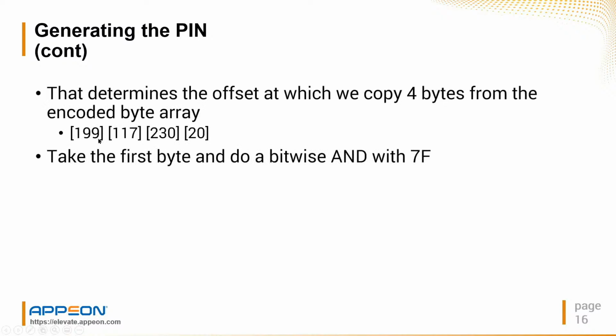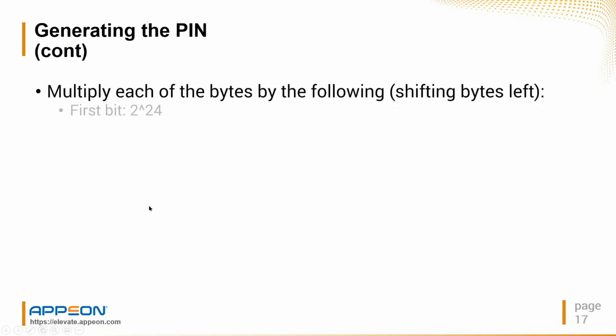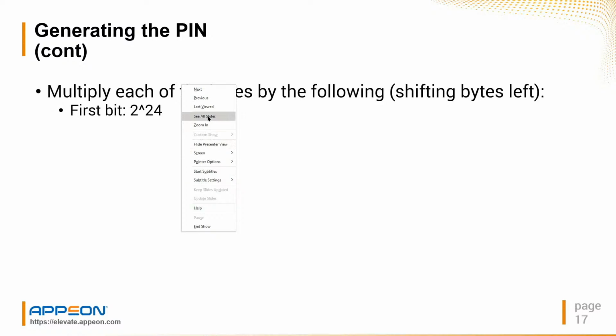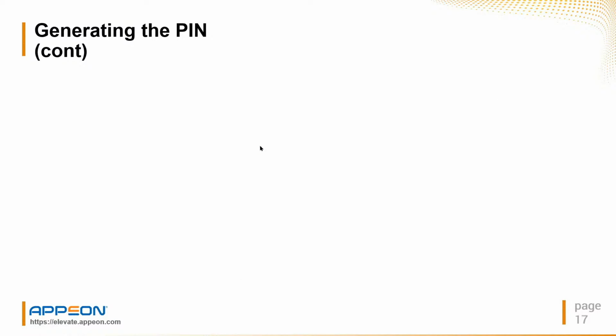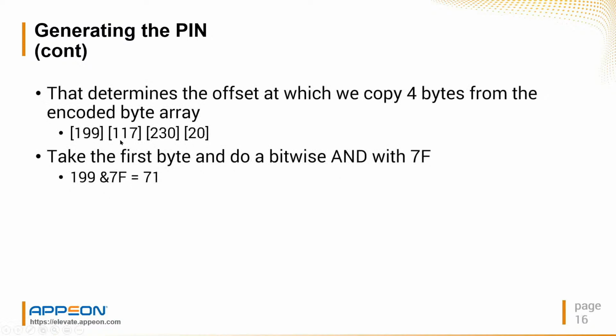We take the first byte of that 4-byte array and we do another bitwise AND with the hexadecimal value 7F. And the result of that is decimal value 71. Sorry for the mix of decimal and hexadecimal. So now what we have, if you're taking notes, is 71, 117, 230, 20.